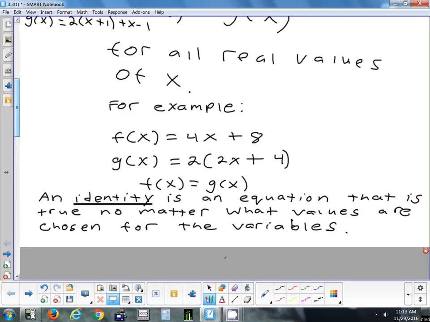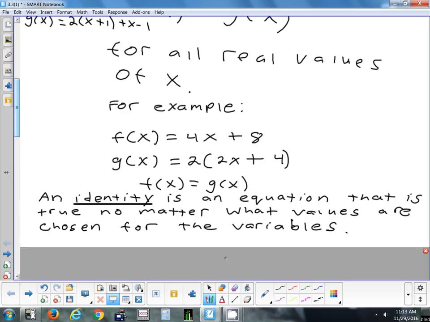So let's say you plug in 1. If I do that, Connor, what's 4 times 1? Plus 8? 12. So if I plug 1 in for x, I get 12 on the top. Skylar, if I plug 1 in for x here, what's 2 times 1? 2. Plus 4? 6. And then times 2? 12.